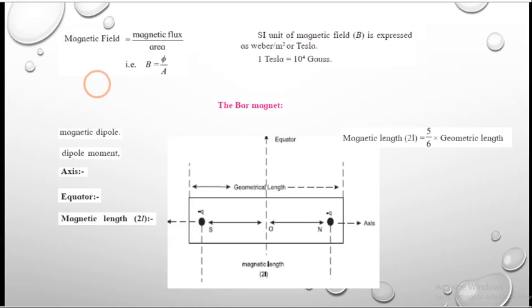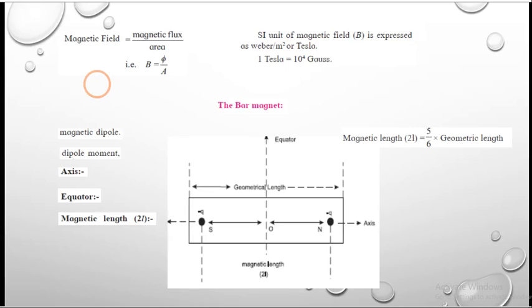Second point, magnetic dipole moment. As the bar magnet has two poles, we already discussed that there is always equal and opposite pole strength. This is analogous to an electric dipole.